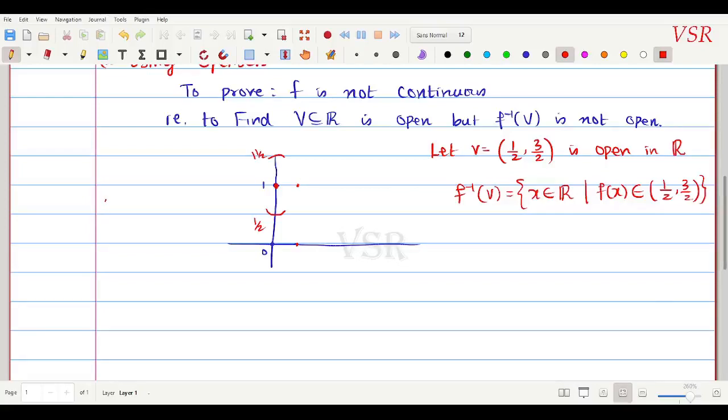Either f of x can be equal to 0 or f of x can be equal to 1. அப்போ இதுக்குள்ள this implies that 1/2 less than f of x less than 3/2 னு இருக்கிறதுனால this f of x equal to 1 ஆ மட்டும் தான்.